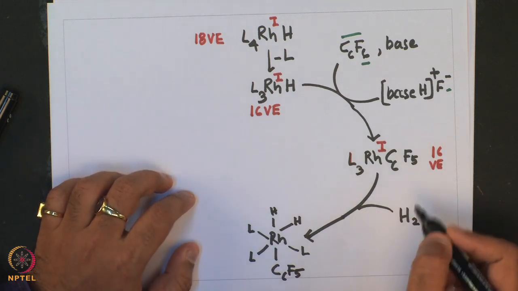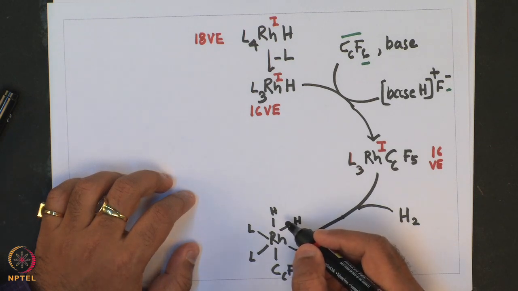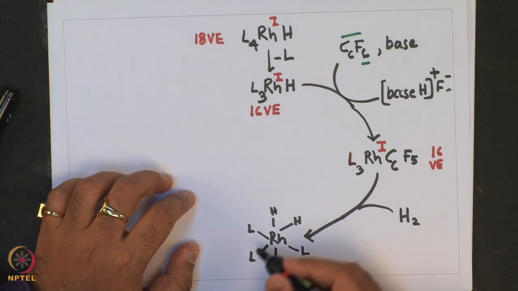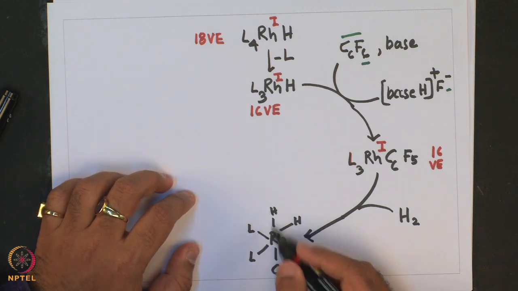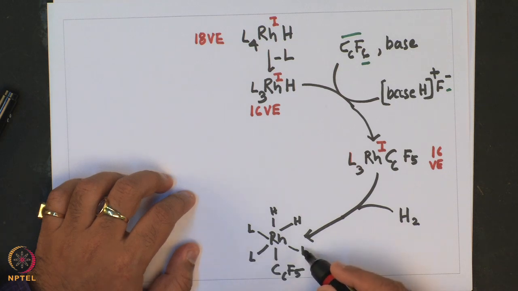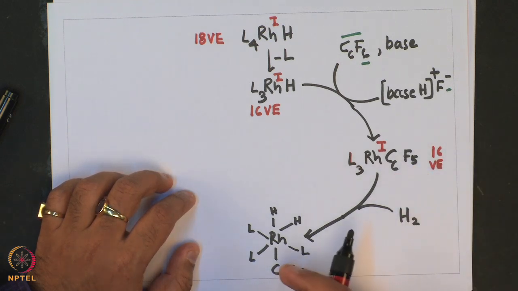So, here we see dihydrogen adding on to rhodium, giving rhodium dihydride, and the 3 L ligands occupy the coordination sites, and the sixth one is occupied by this C6F5 ligand.